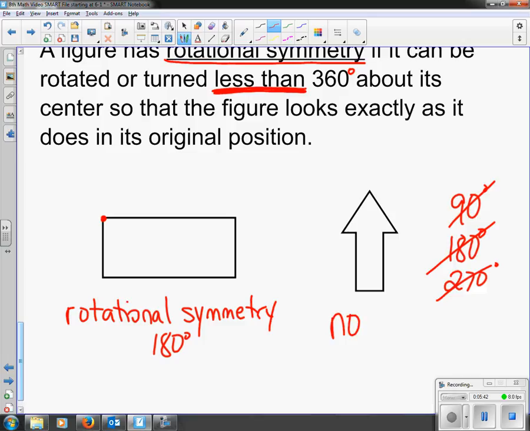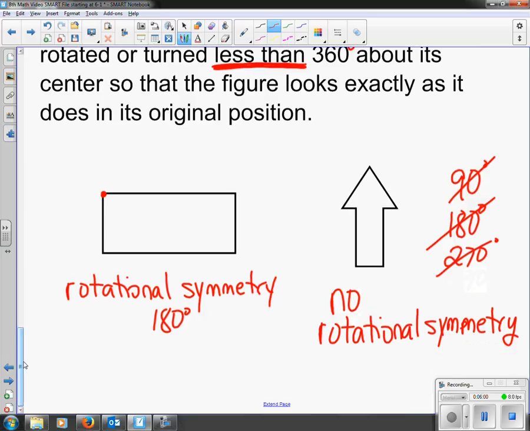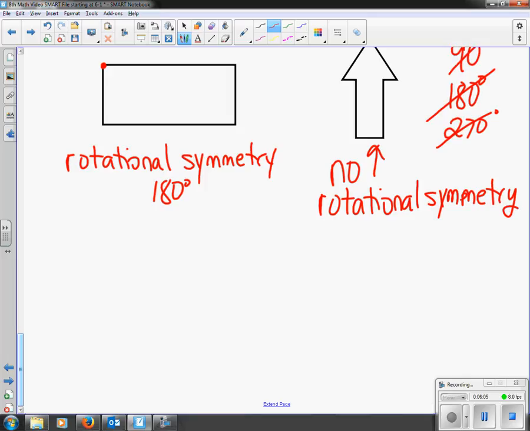So the arrow has no rotational symmetry.